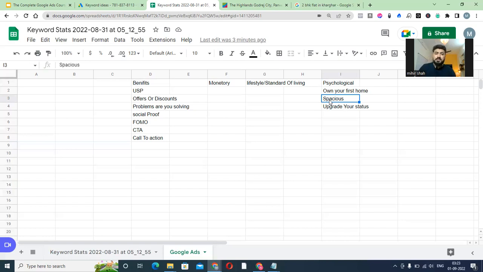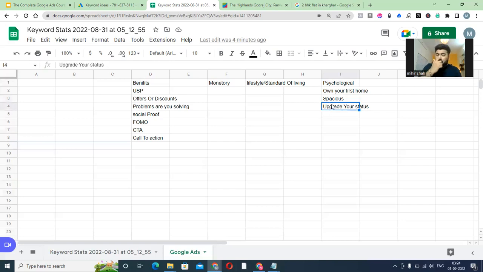Psychologically I'm preparing myself, hey, I'm going to lose my weight in the next 30 days, and it gives me a sense of pride. When I see something like this, I want to associate with it, and for that reason I will click on your ad. So lose your weight, change your lifestyle, be a better person. These are all psychological things that you need to keep in mind while writing your ad for your business and your service.